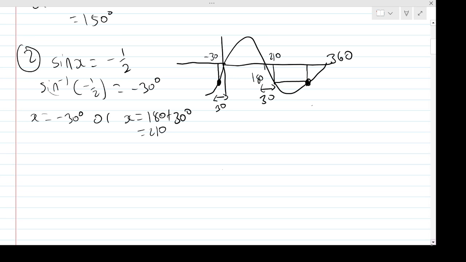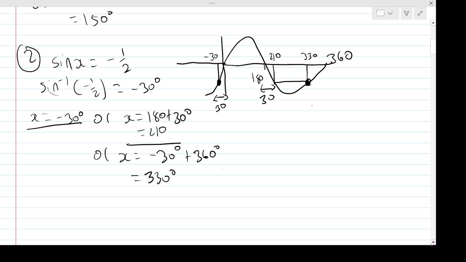Which means, to find this third point, we can add 360 to minus 30. So x is minus 30, add another 360. If I do that, I get 330 degrees, and that would be the other solution there. So once we've found the first two solutions, I can keep adding 360 to my two solutions to get more solutions.